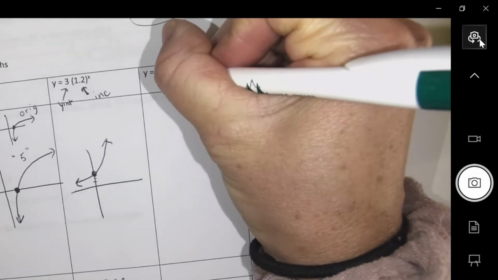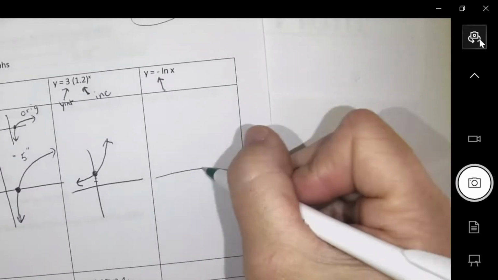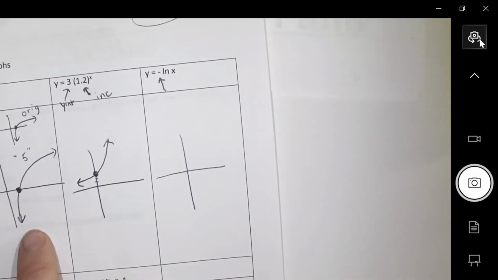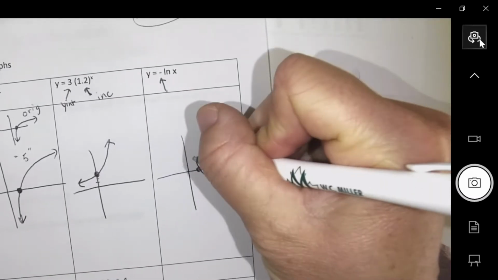Okay, the last one. So it's a log shape, but there's a negative sign in front of it. So this is my log shape. But now what did the negative do? Makes it flip.